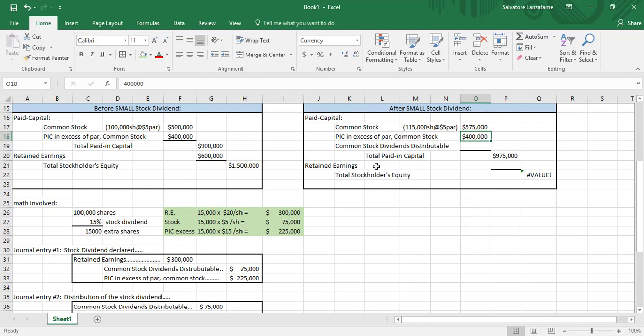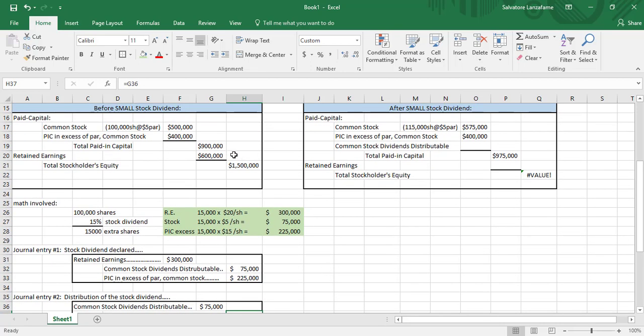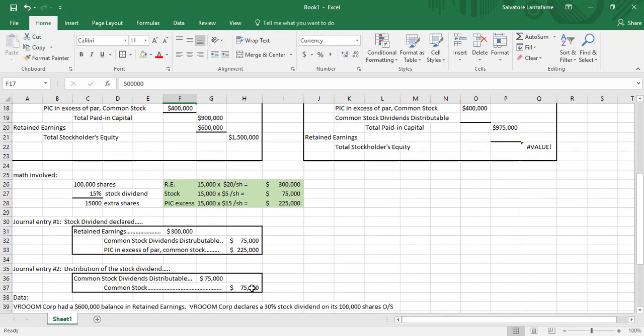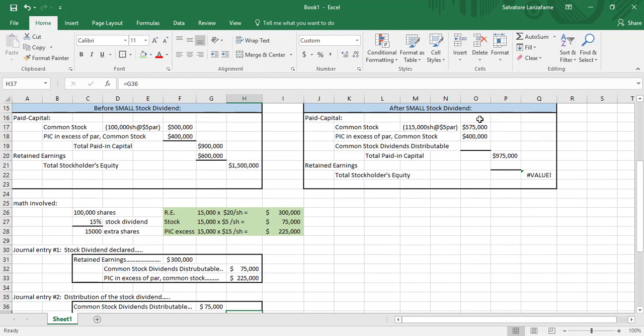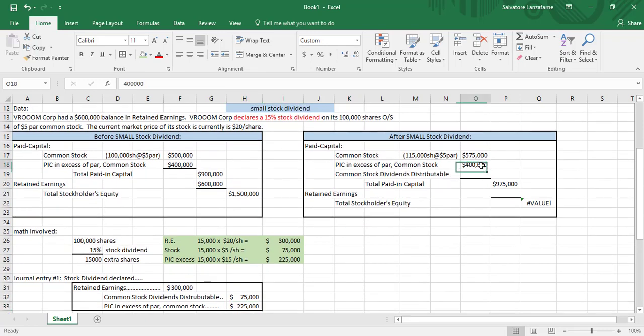Okay, so when we credited common stock, we literally increased it by 75,000. So I could have just said, can I just take 500,000 and add $75,000 to it? Sure, and we get the same answer, 575. We also credited paid-in capital for 225. So we went from 400 to an additional 225,000. So the original 400,000 plus the 225. So that brings us up to $625,000.